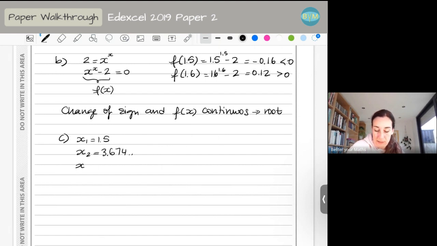When x1 is 1.5, if you click equal once, you get x2, which is 3.674. x3, when you click equal, you get 238.55. I've done something wrong.